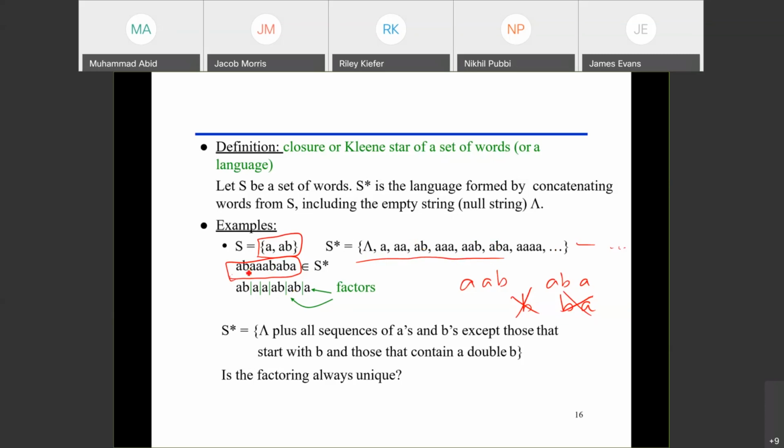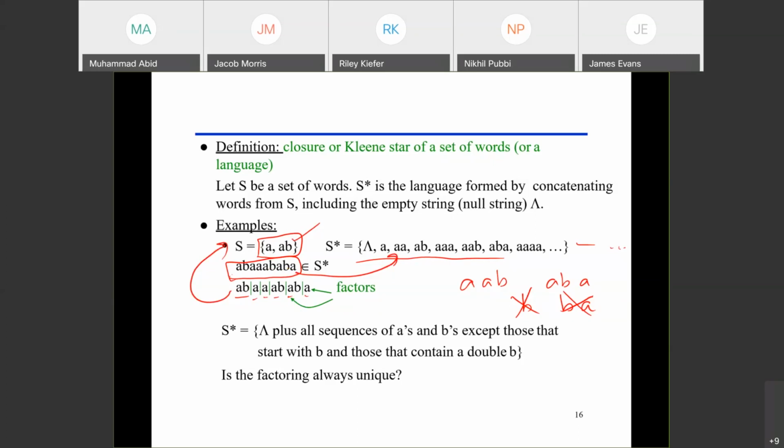If we make factors of it and can break it down, then we can say that this is a member. So if you break it into a, b, a, b, a, b, and a, you see that you make the factors here and all of these are members of your S. So this shows that this word is a valid member of this language, because you successfully factorized it into basic building blocks.